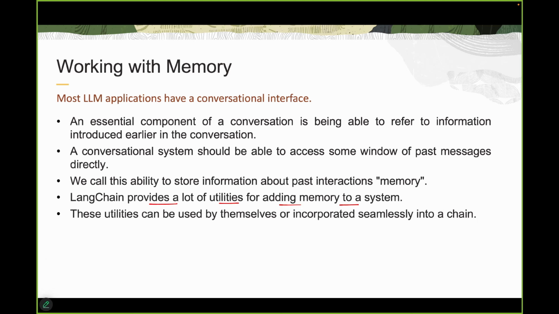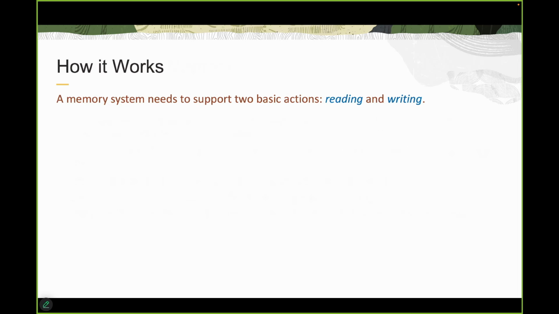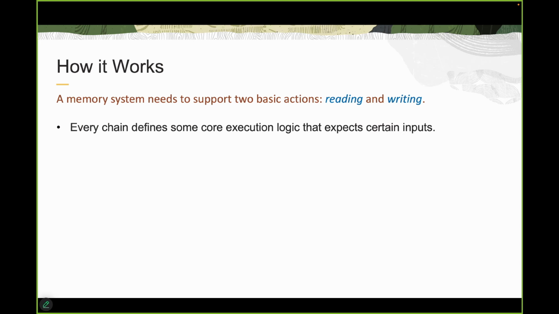These utilities can be used by themselves or incorporated seamlessly into a chain. How does it work? A memory system needs to support two basic actions: reading and writing. Every chain defines some core execution logic that expects certain inputs.